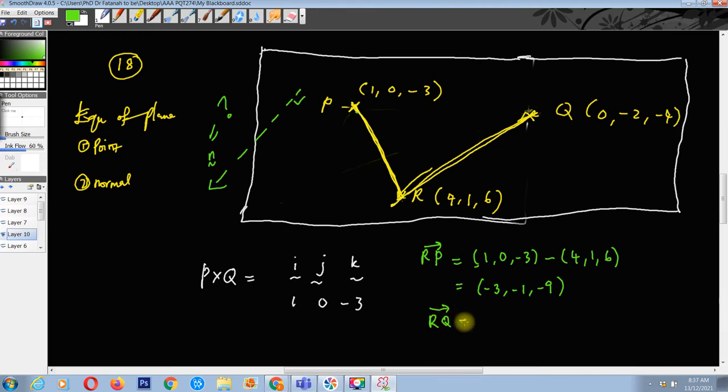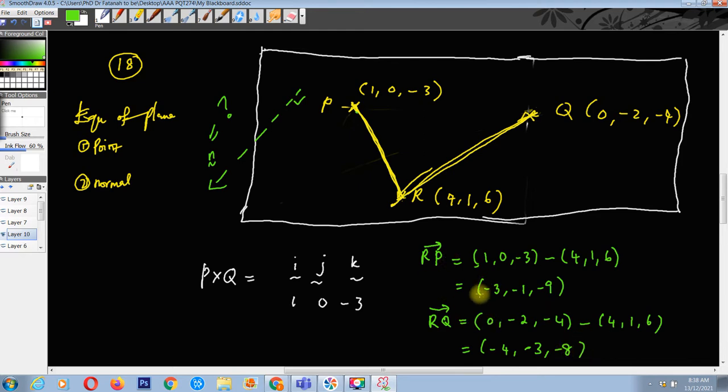What is RQ? RQ is 0, negative 2, negative 4, minus 4, 1, 6. So we will have negative 4, negative 3, negative 8.